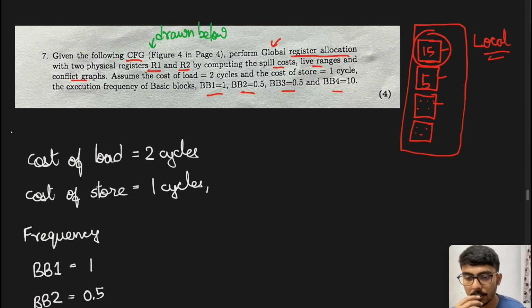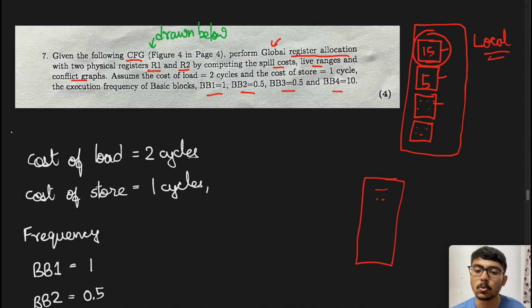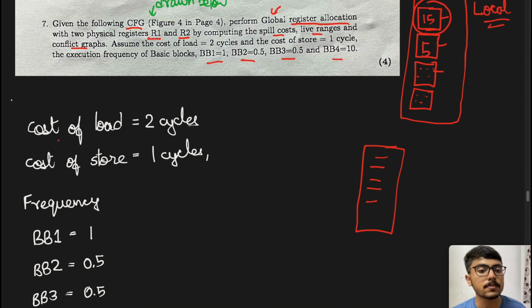But don't worry, we'll not be touching on that in this video at least. What we are going to talk about is the register allocation for an entire main program as a whole. So this is what we are going to talk about, and let's first figure out the details that are given to us.